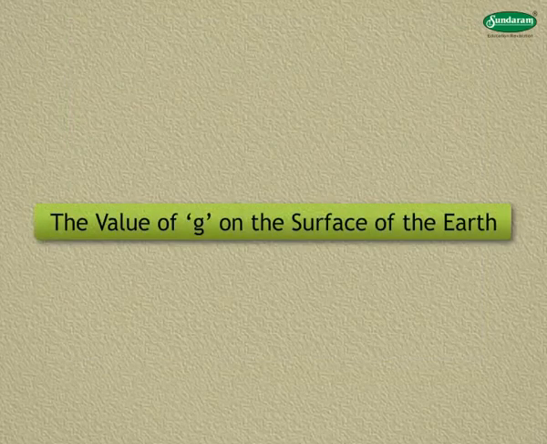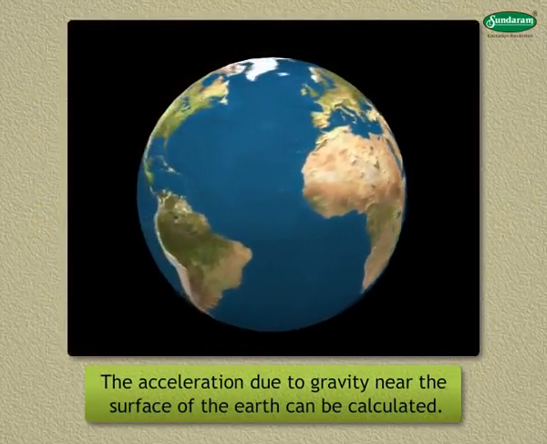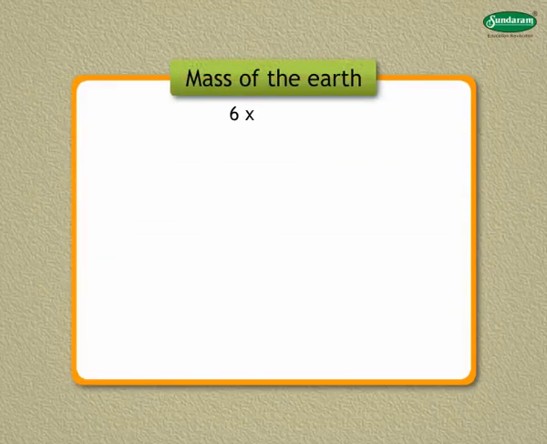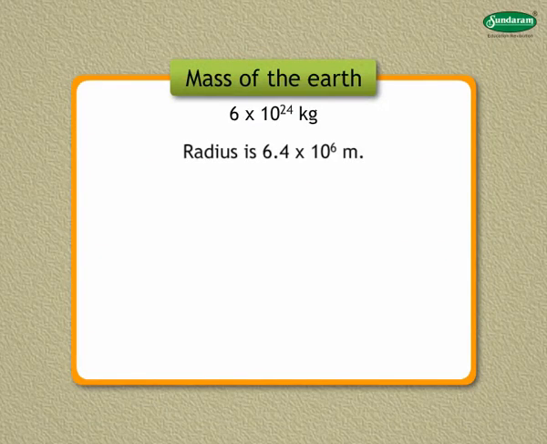The value of g on the surface of the Earth. The acceleration due to gravity near the surface of the Earth can be calculated. The mass of the Earth is 6 multiplied by 10 raised to the power of 24 kilograms, and its radius is 6.4 multiplied by 10 raised to the power of 6 meters.